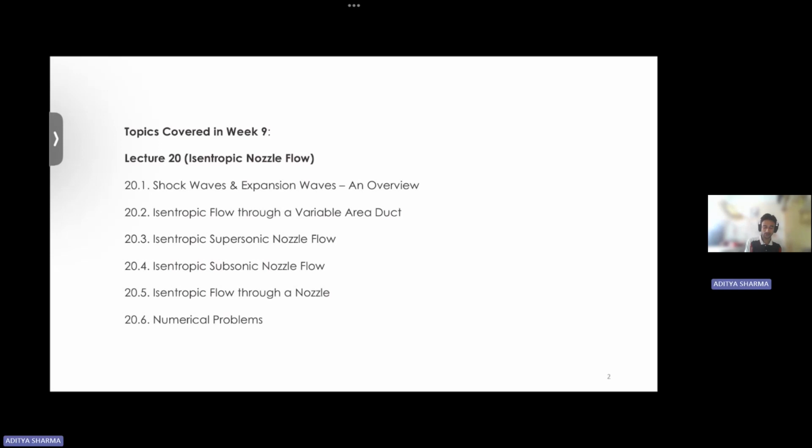By isentropic here, they mean that the flow in this nozzle is ideal, which is not the case in reality. We shall later also see what happens in these nozzles in reality, but this lecture is on the isentropic case of the nozzle flow, right?